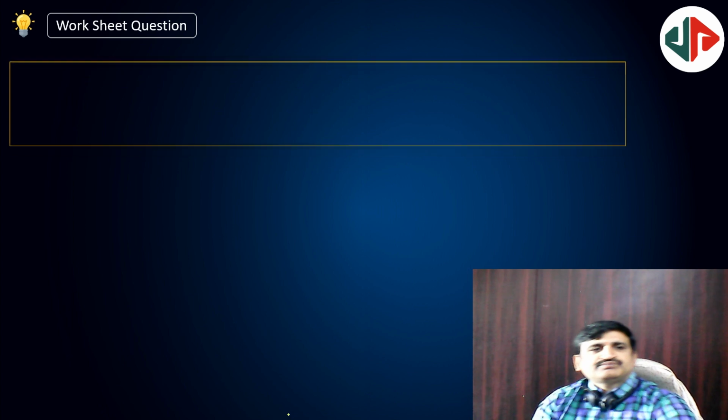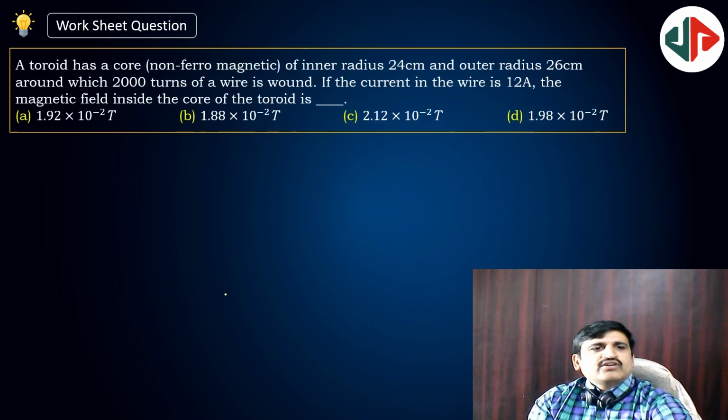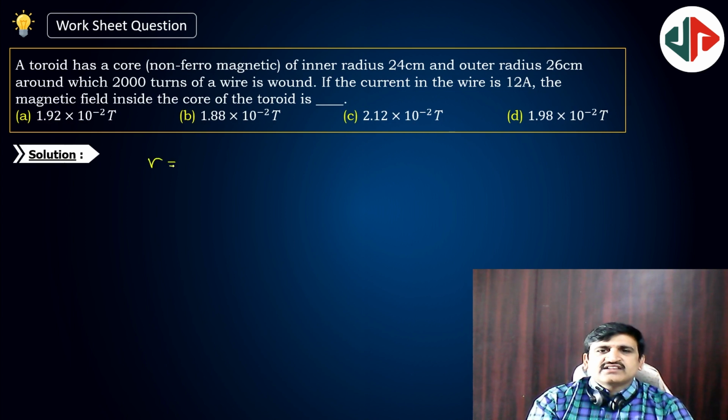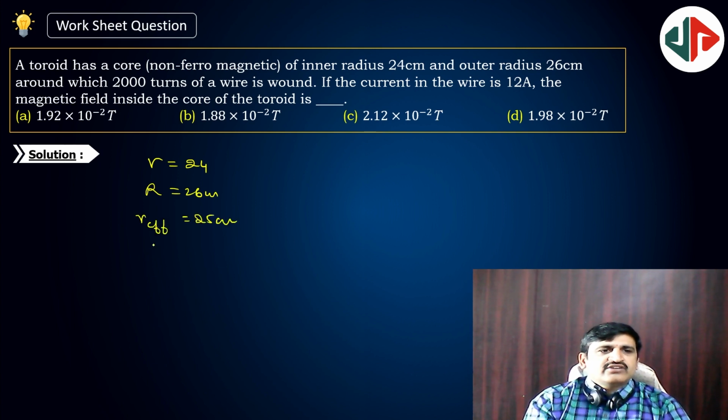So this is the procedure. Next, a toroid has a core of inner radius 24 centimeter and outer radius 26 centimeters. Obviously r effective is 25 centimeter, around which 2000 turns of wire are wound.